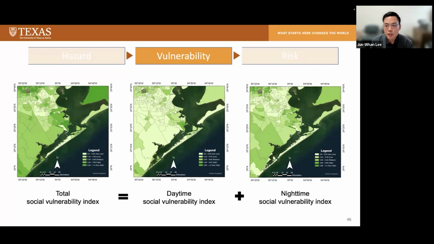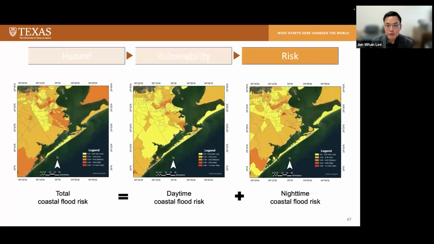And through this project, we developed a method that can break down this social vulnerability index into daytime and nighttime components using the population distribution data so that we can see how the vulnerability changes during the day and night. So the final outcome of this tool is the risk map that overlays the hazard map with the vulnerability map.